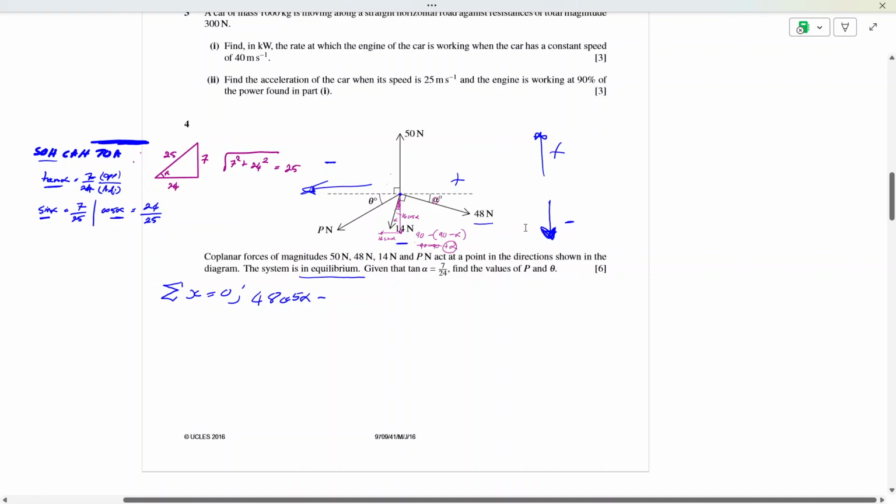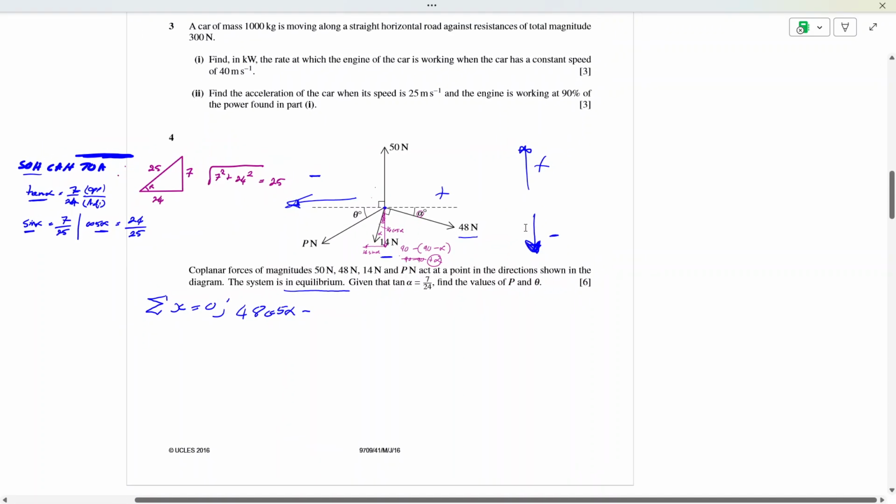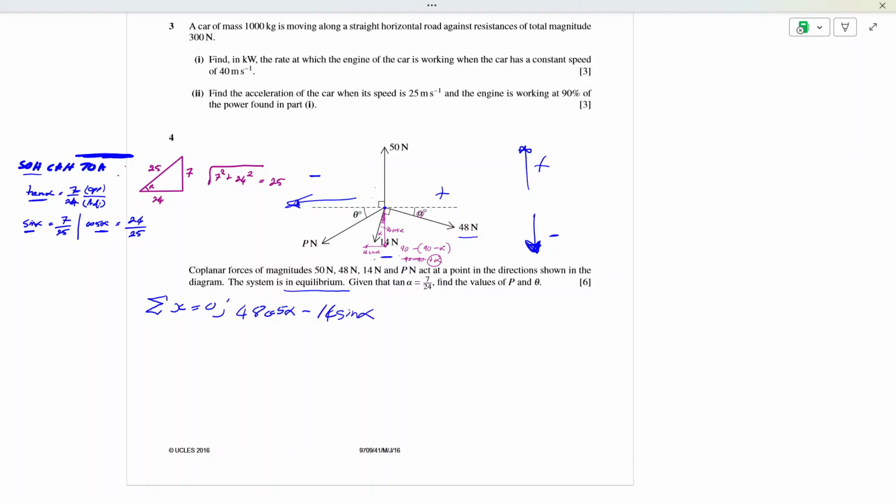So for this particular question, I want this part, that direction, the 14 newtons resolved to the left, and that's going to be minus 14 sine alpha.